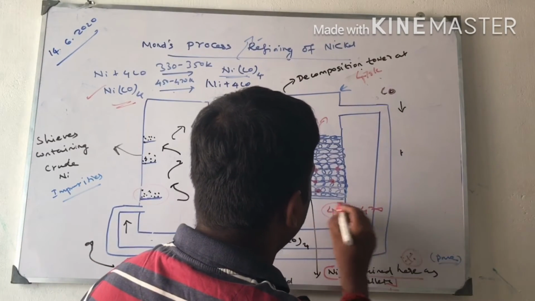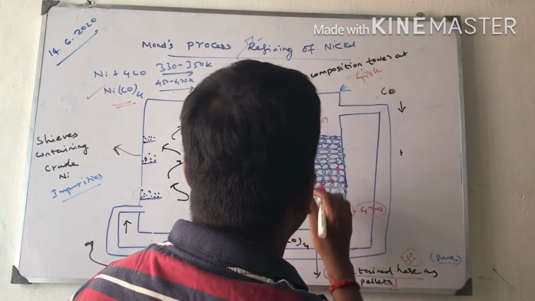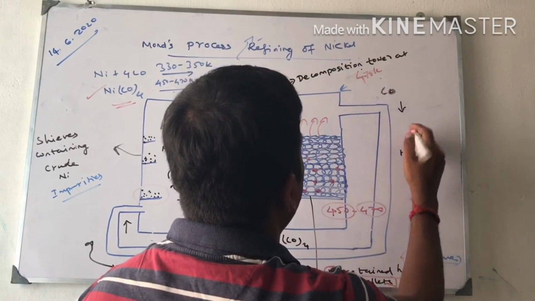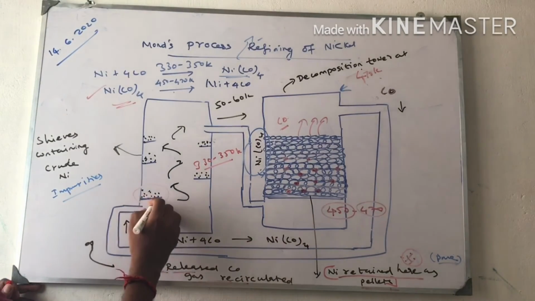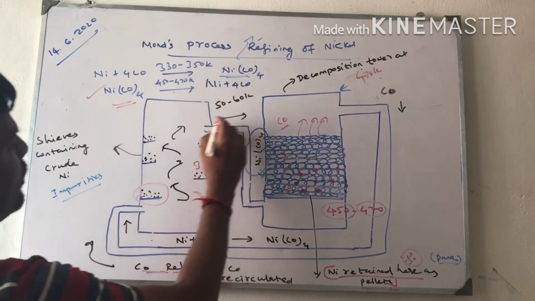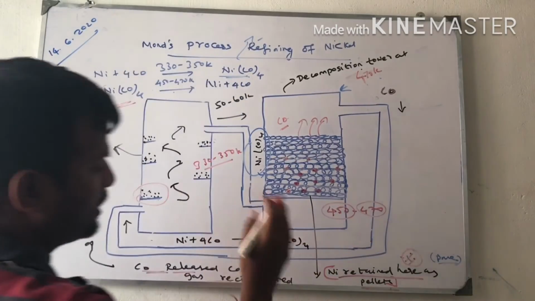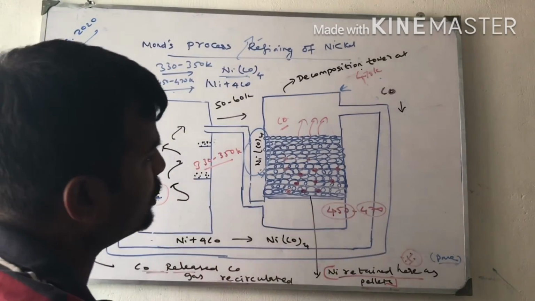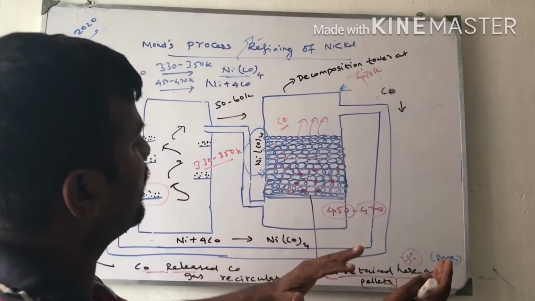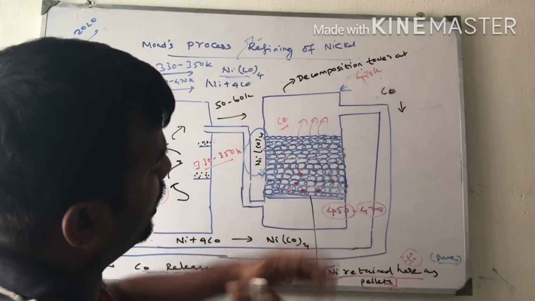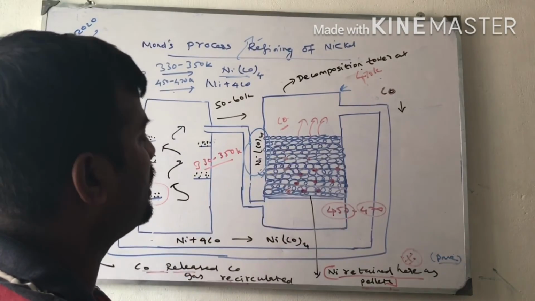Again we heat to high temperature, nickel is retained here and carbon monoxide gas alone comes out and is recirculated. Again the carbon monoxide reacts here, again nickel tetracarbonyl forms. It is a continuous process. Finally you remove the container and you get refined nickel.